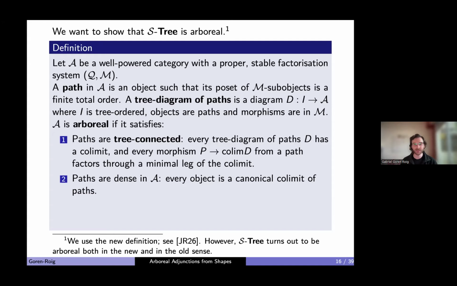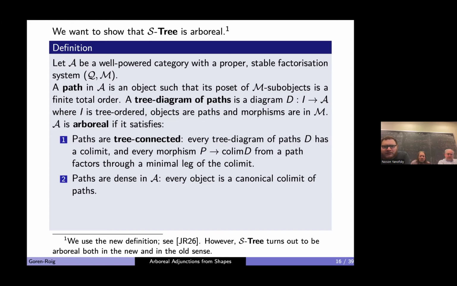And condition number 1 is saying that there should be something well-behaved about paths, not just with respect to these canonical tree diagrams of paths, but even with respect to non-canonical tree diagrams of paths. Tree diagrams of paths are more general than the canonical diagrams in point number 2. So that probably doesn't answer your question, but it does give you a connection between the 2 points.